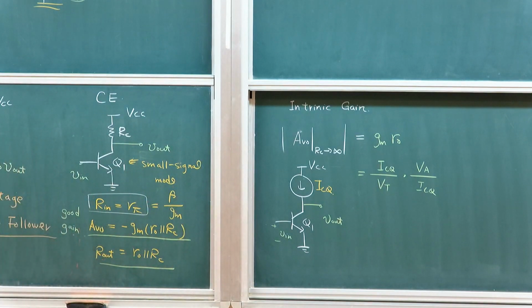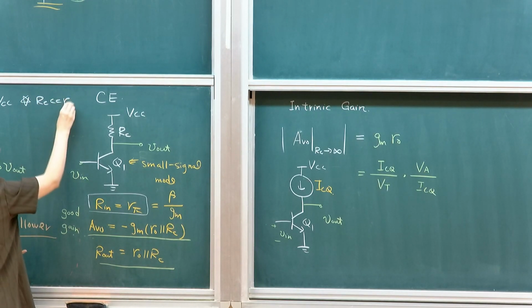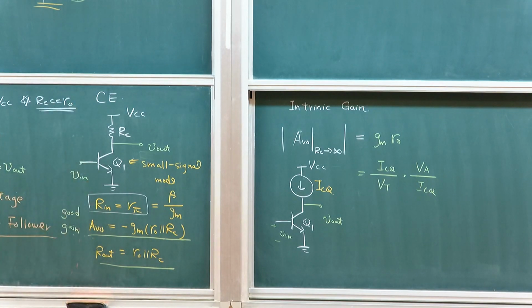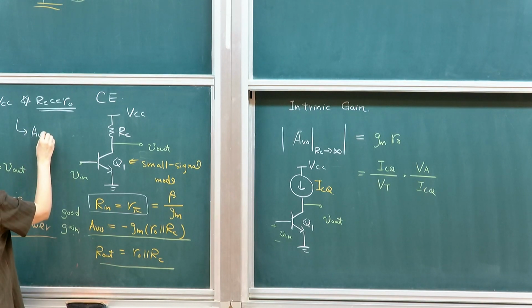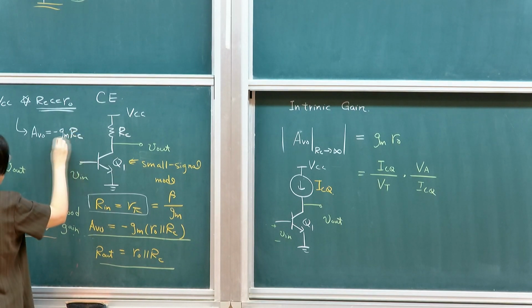So if I ask you a question, if it's not an infinite condition, meaning that if it's RC dominant, when RC is smaller, in most cases RC is smaller than RO. If that's the case, then your voltage gain is actually minus GM times RO in parallel RC.